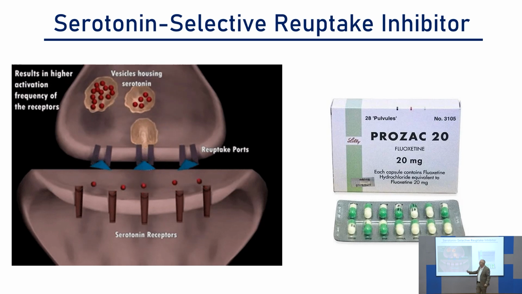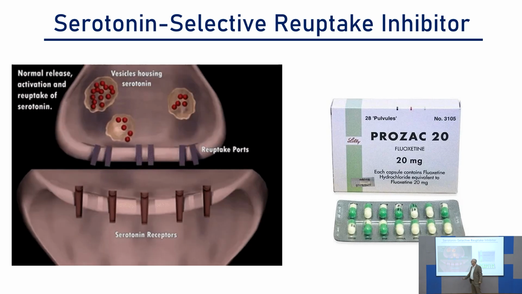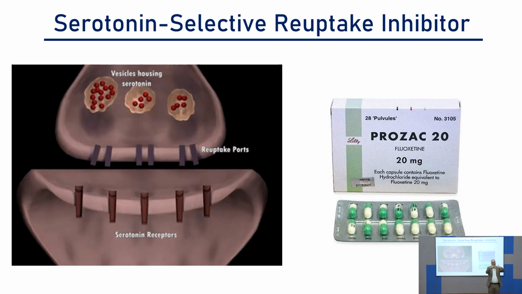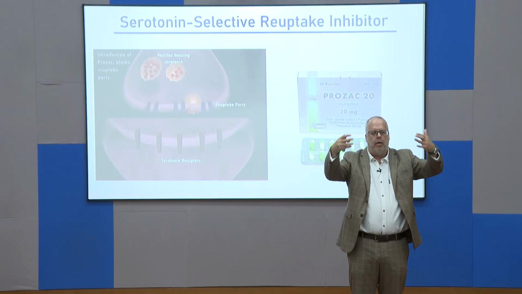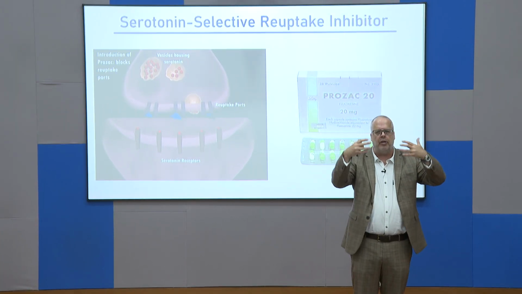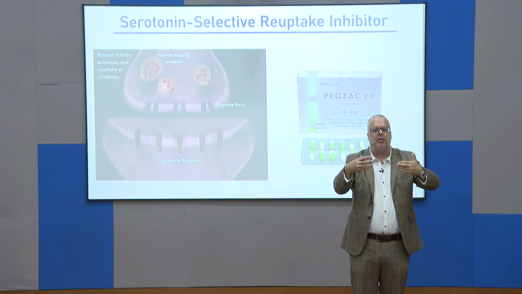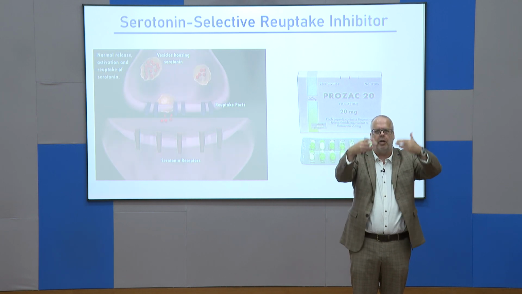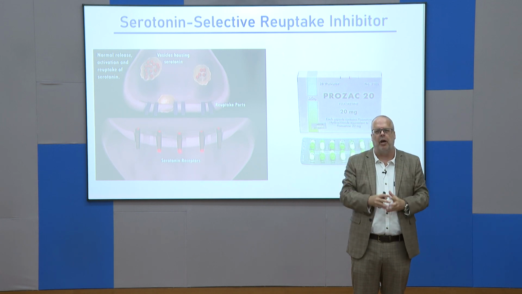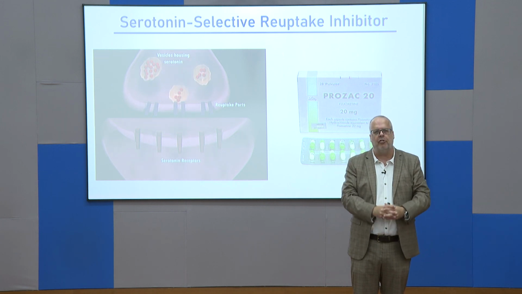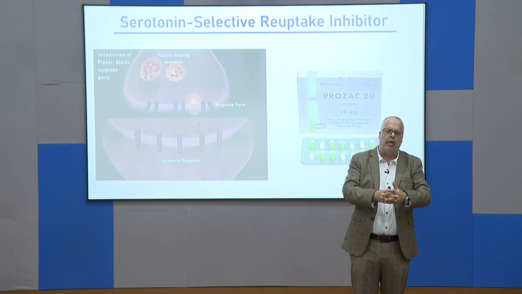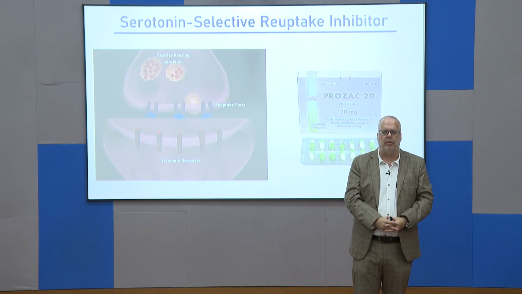You can think of it as kind of a plug, the little blue triangle here. So by blocking reuptake, the effect is that serotonin has nowhere to go. Therefore, its levels will increase in the synaptic cleft. Every time an action potential occurs, you get more serotonin release, but by blocking reuptake, we increase the serotonin levels or the serotonin concentrations within the brain overall. And that, in turn, is thought to have antidepressant effects.